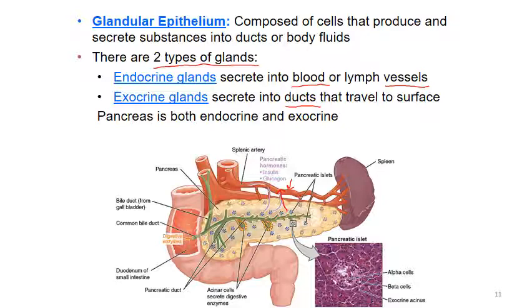I'll write down here, endocrine, into the blood. But our pancreas also makes digestive enzymes, which are going to go to the intestine. And so the other parts of the pancreas making those enzymes send the product into this green tube that you're seeing here. That's called a pancreatic duct. So because those products go inside the duct, that's called its exocrine function.